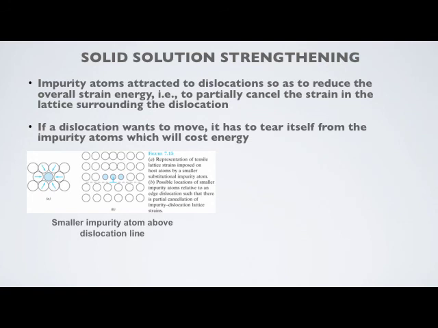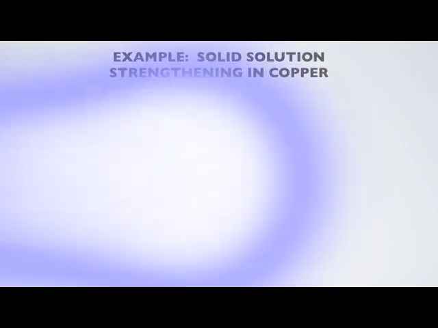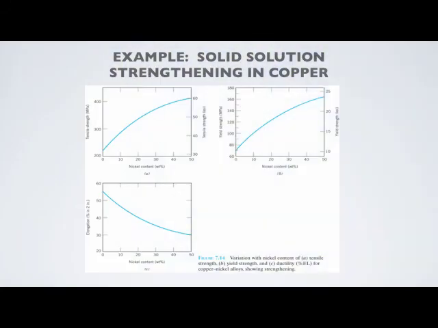So as a result, more energy is required. Hence, this is why the strength of steels increases as more and more carbon is added. Here are other examples in other different materials.